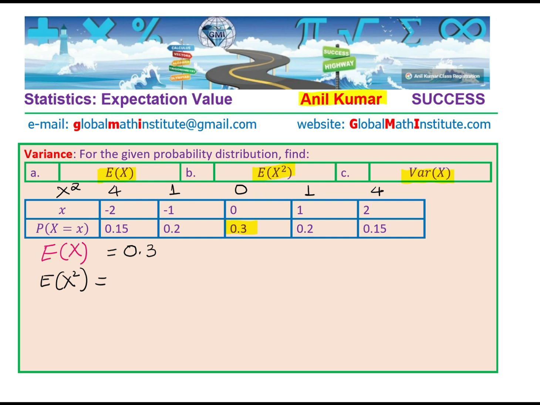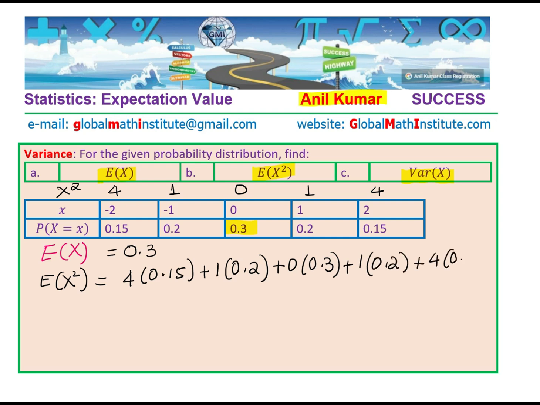Multiply 4 with 0.15, add to it 1 times 0.2 plus 0 times 0.3 plus 1 times 0.2 plus 4 times 0.15. So 4 times 0.15 will give you 0.60, right?